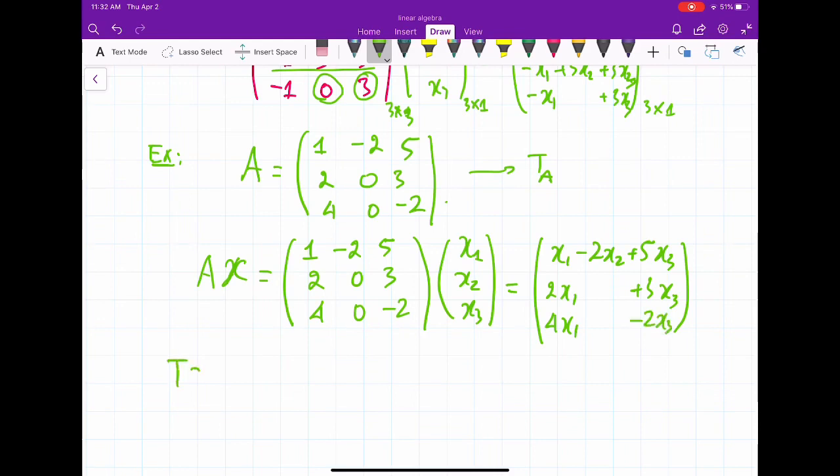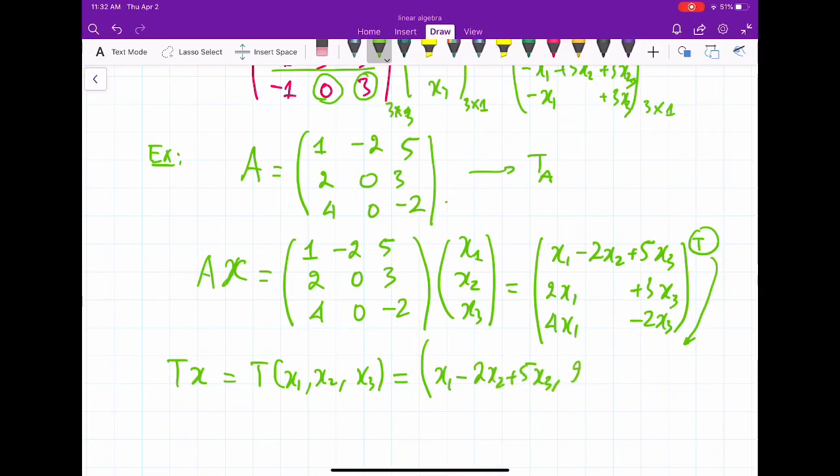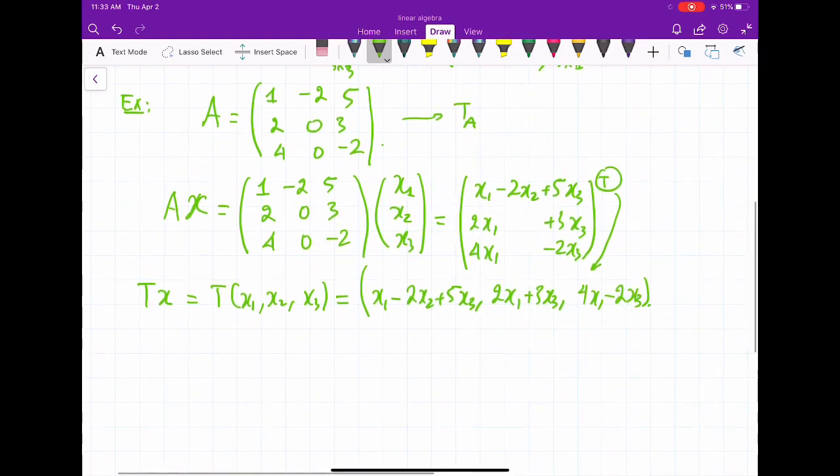And you write T(x1, x2, x3) as the transpose of this: (x1 - 2x2 + 5x3, 2x1 + 3x3, 4x1 - 2x3). So that's how we can write the formula of a linear transformation if we know its matrix.